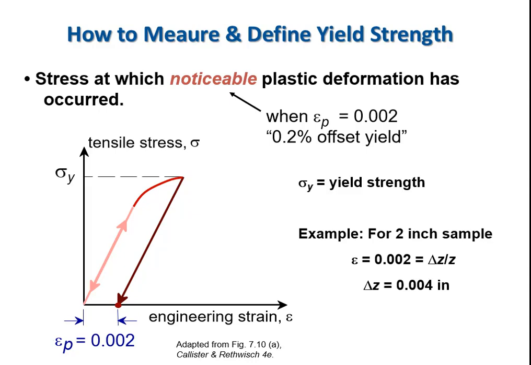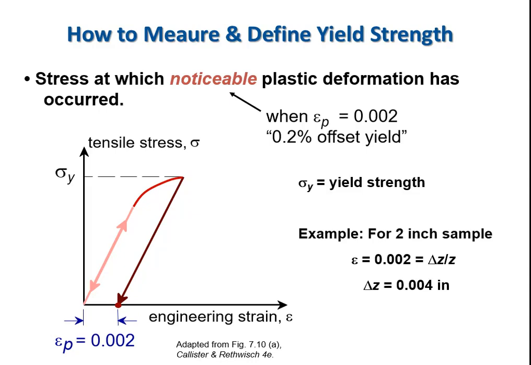So, okay, what does this mean? It means that you define the yield stress and strain by the strain, in this case, that represents 0.2% starting from zero, when we trace back our elastic strain parallel to the original loading curve. So just what we show on the diagram.